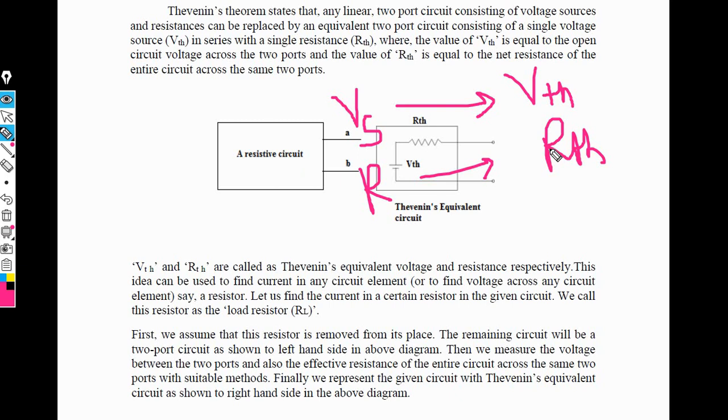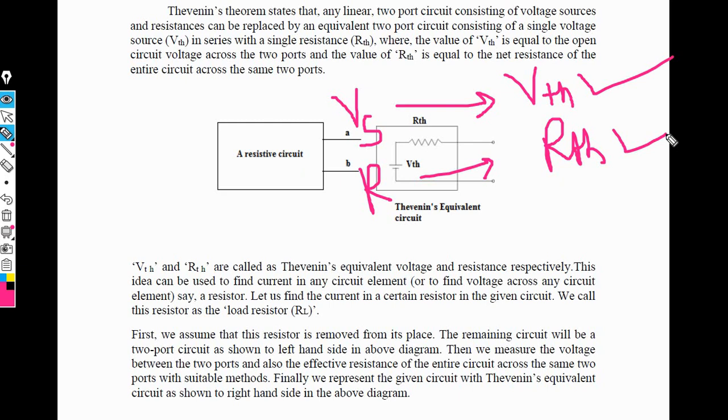This is the resistive circuit, and these are the two important parameters in Thevenin's equivalent circuit. Also, in Thevenin's theorem, we have to find the current in a resistor in the given circuit.